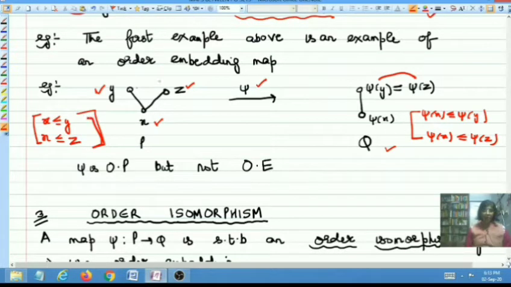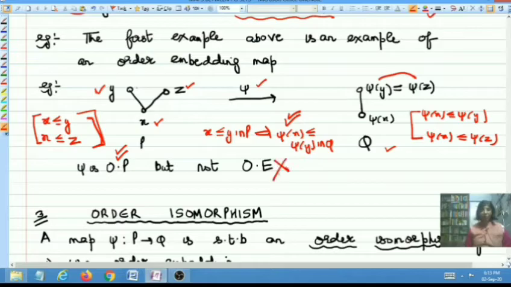Y and z are not related to each other, because y and z are non-comparable elements. But you can see that one way implication is holding, that whenever the elements are related in P, then their corresponding images are related in Q. So because one way implication is holding, this map is very much an order preserving map, but it is not an order embedding map, because the opposite implication is not holding.